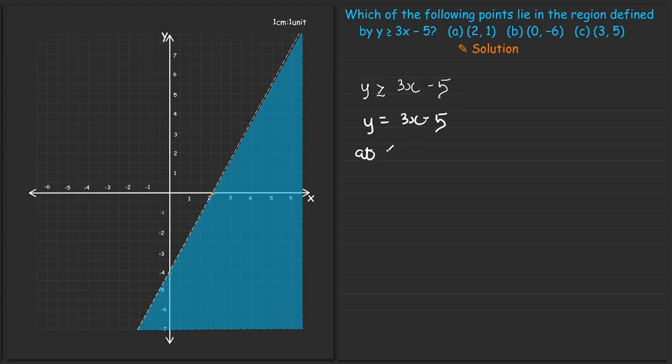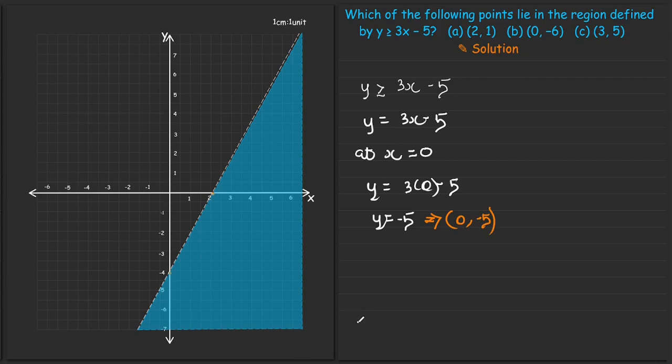At x equals 0, we have y equal to 3 into bracket 0, then minus 5. That gives us y equals negative 5. So our coordinate is (0, -5).